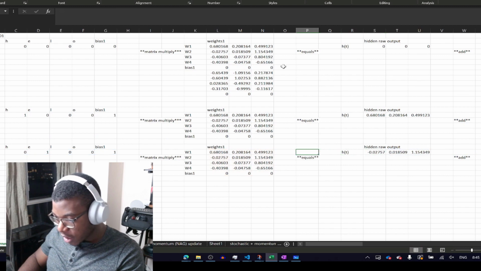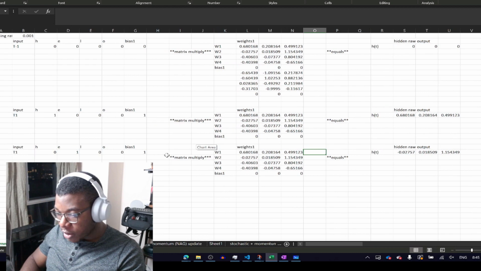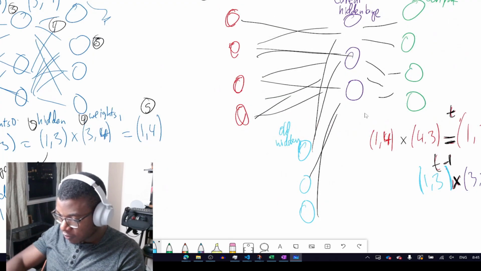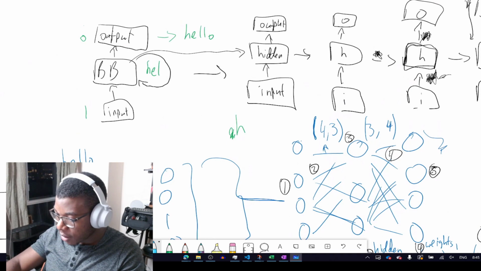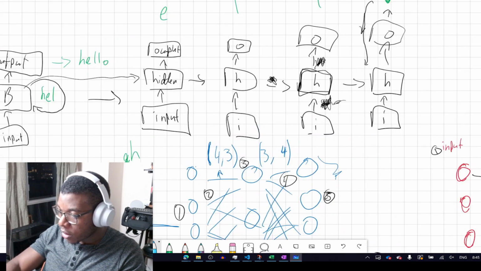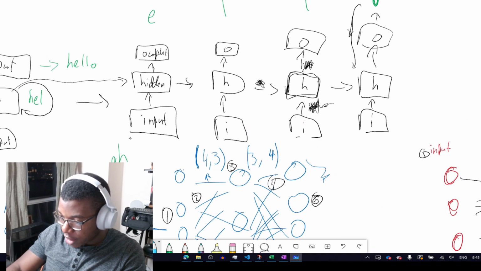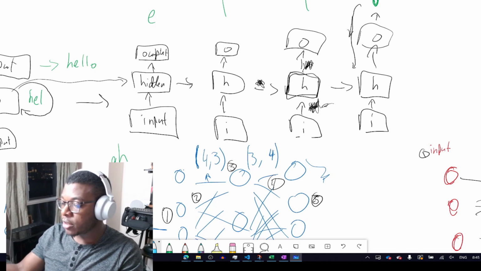Okay, so then in the second, for T2, see if I can pull it back up again. So T1, we inputted H, we wanted the network to output E, and E is the next character in the word.